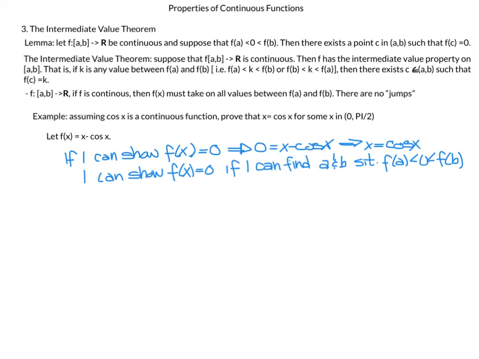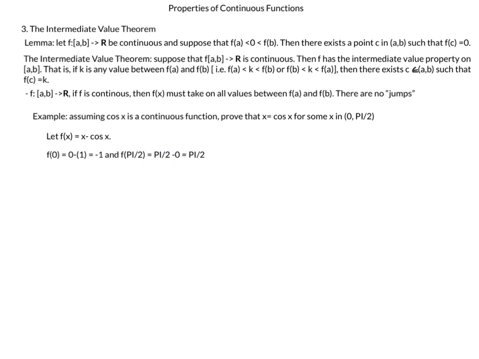And again, I'm going to start with f of x is equal to x minus cosine x. Now I need to find an a and a b such that f of a is less than 0 and f of b is greater than 0. So f of 0 is equal to 0 minus cosine of 0, which is 1, so it's equal to negative 1. This is my f of a that's less than 0. Then if I plug in pi over 2, I get pi over 2 minus cosine of pi over 2, which is 0, so I get pi over 2.